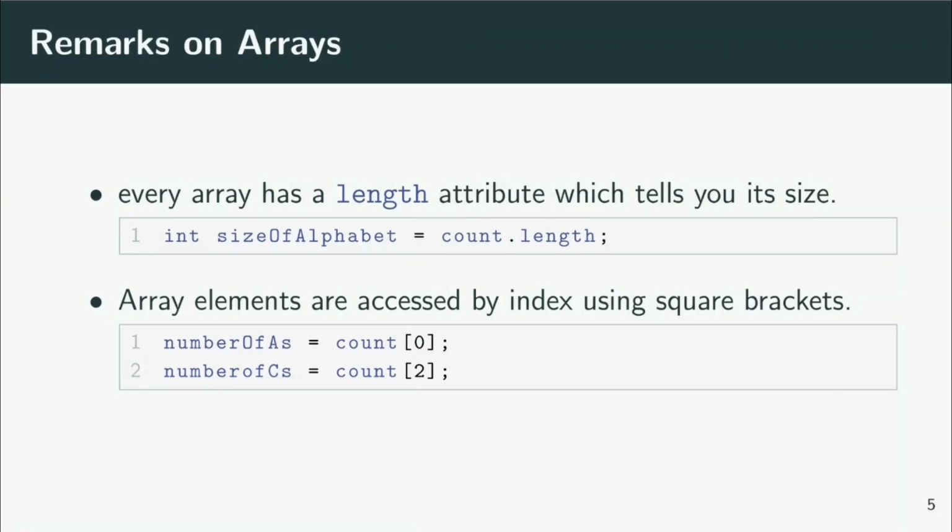And secondly, just to come back to our example with counting the letters, you can refer to the number of A's in our example by just using the identifier of the array, and then the first integer variable in this list is the one that is addressed by its index 0. So count[0] is counting the number of A's, and similarly the number of C's could then be the current content of this array at the position with index 2.